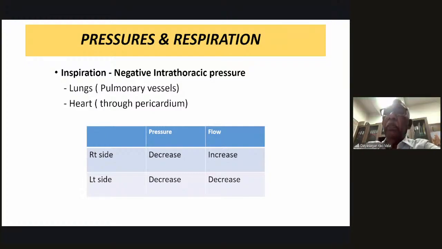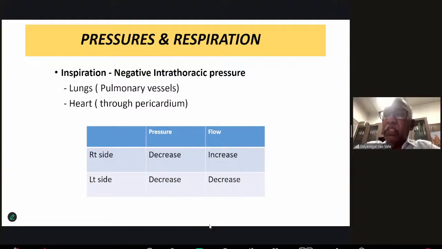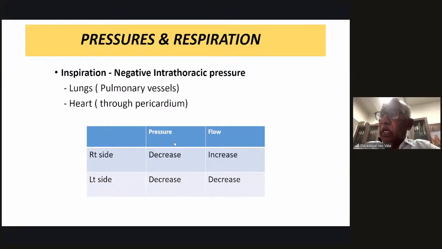When a person inspires, there is an increase in the negative intrathoracic pressure, which is applied to both the lungs and the heart through the pericardium. If you compare the pressures and flows between the right side and left side of the heart: when you inspire, there is an increase in the flow to the right side of the heart, the right atrium and right ventricle. But mind you, the pressure decreases even though the flow increases.